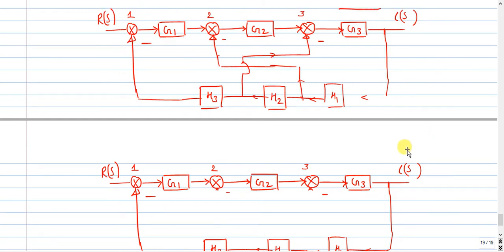If you check, my first path is the takeoff point from here and moving along with H1, meeting the summing point 2. So let me do the same.